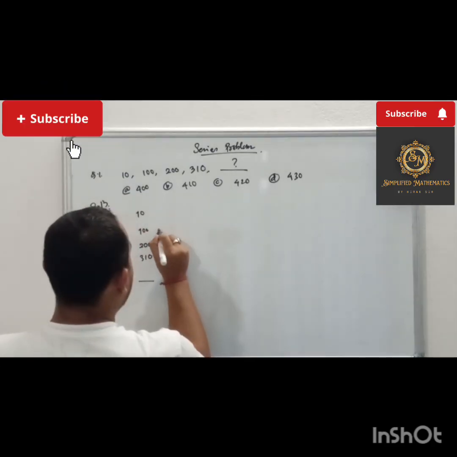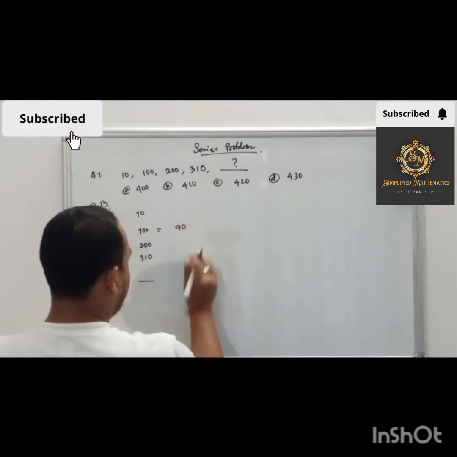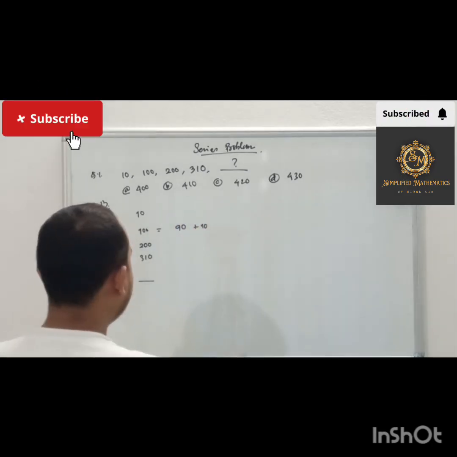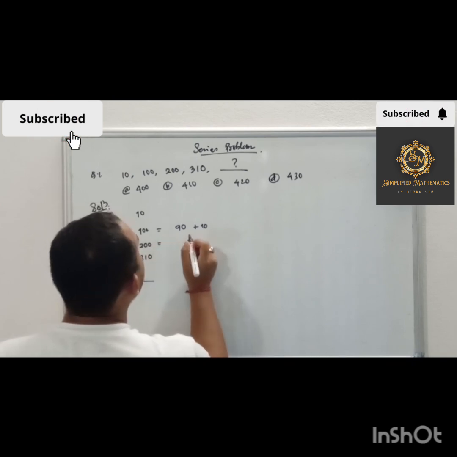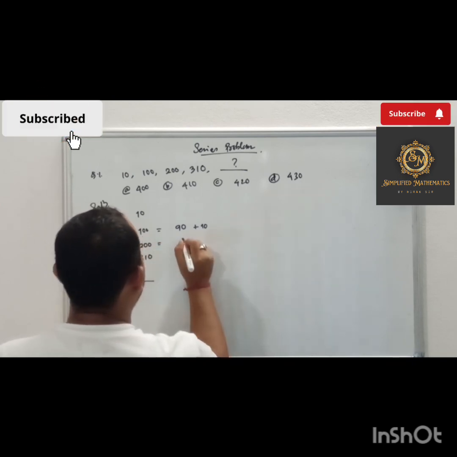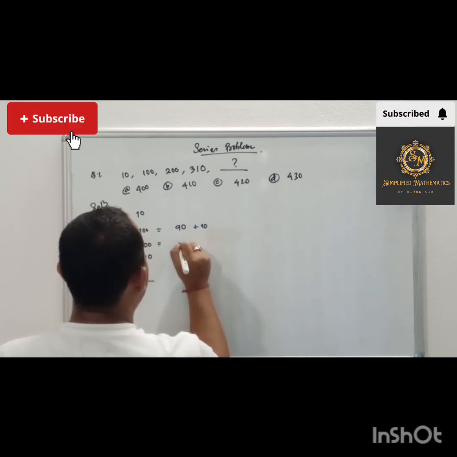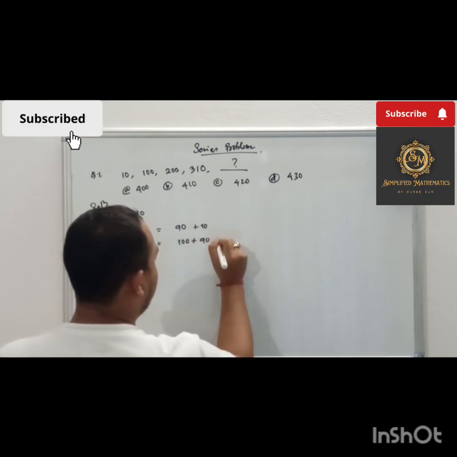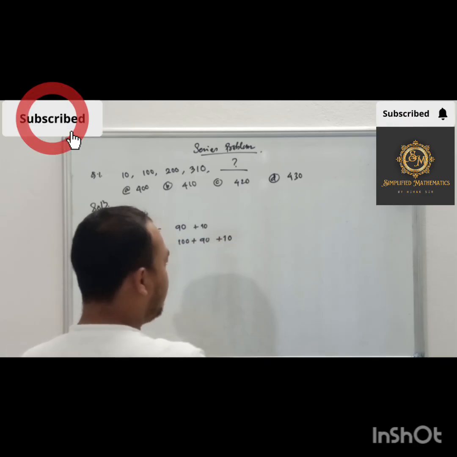Suppose this number is obtained like 90 plus 10. The next number is obtained like 100 plus 90, that is 190 plus 10. Can we write like this?